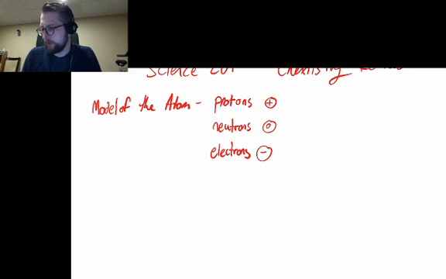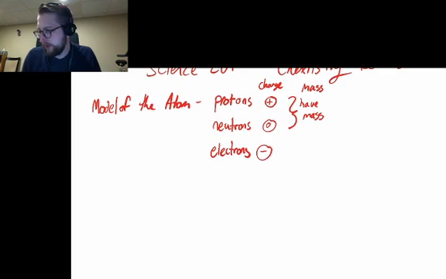That's charge. And then mass: protons and neutrons have mass, and electrons have almost no mass.